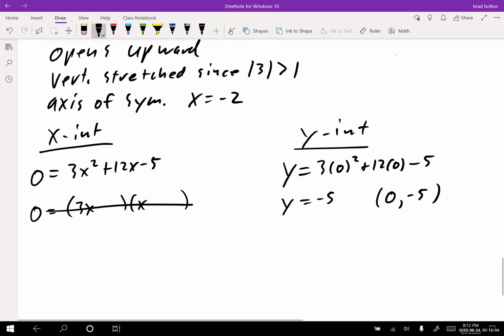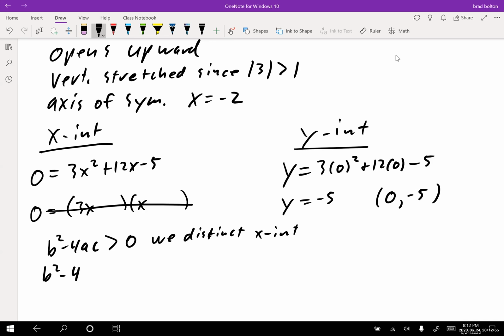I'm going to do something called the discriminant. It says that b squared minus 4ac, if this is greater than 0, then we have distinct x-intercepts.